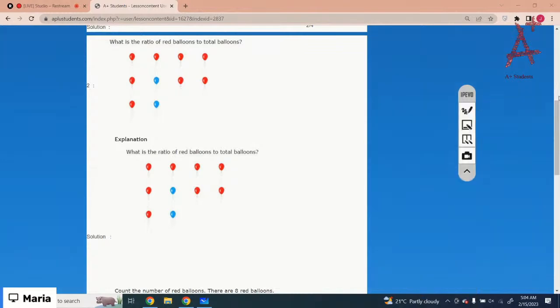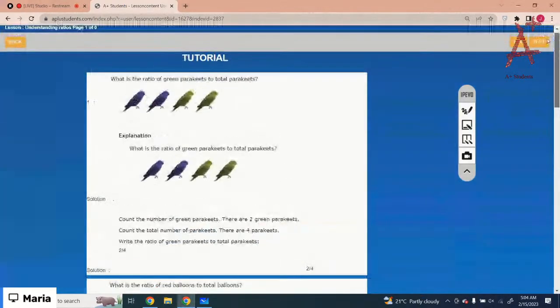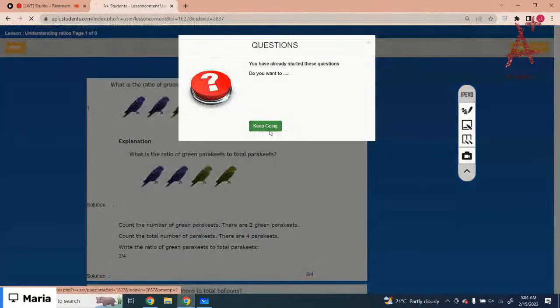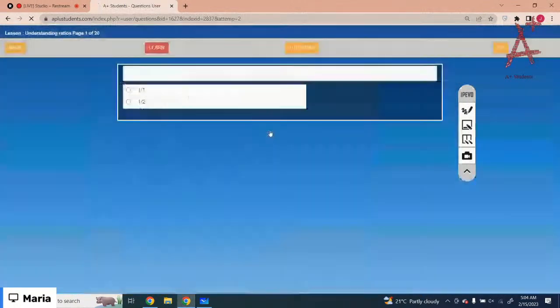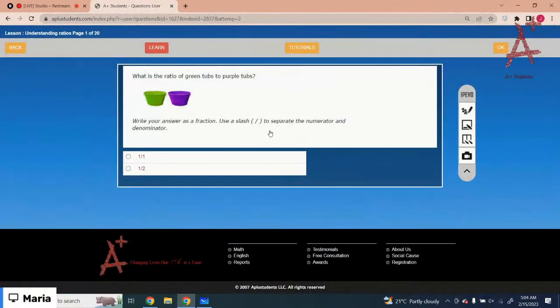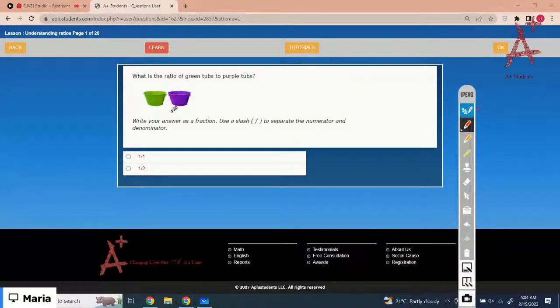Okay, let's start with the test questions. What is the ratio of green tub to purple tub? So we have one green and one purple tub.